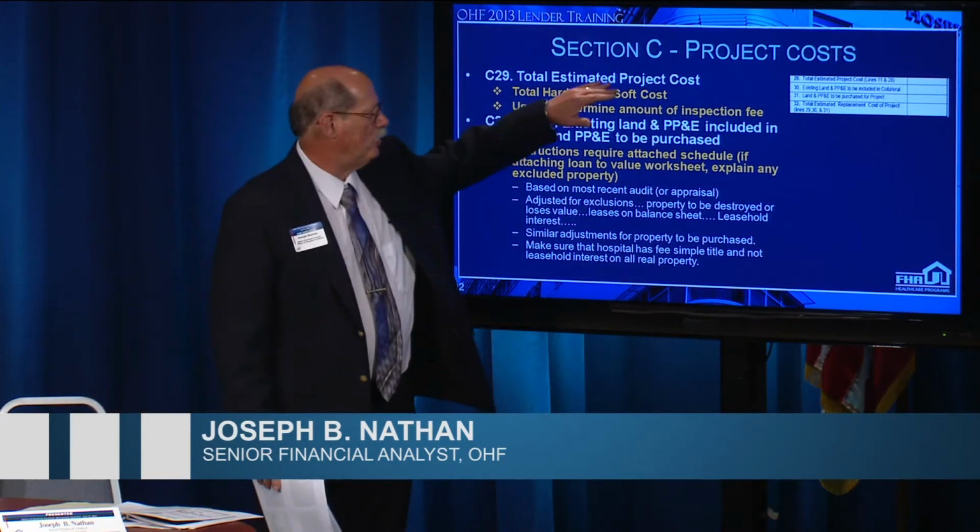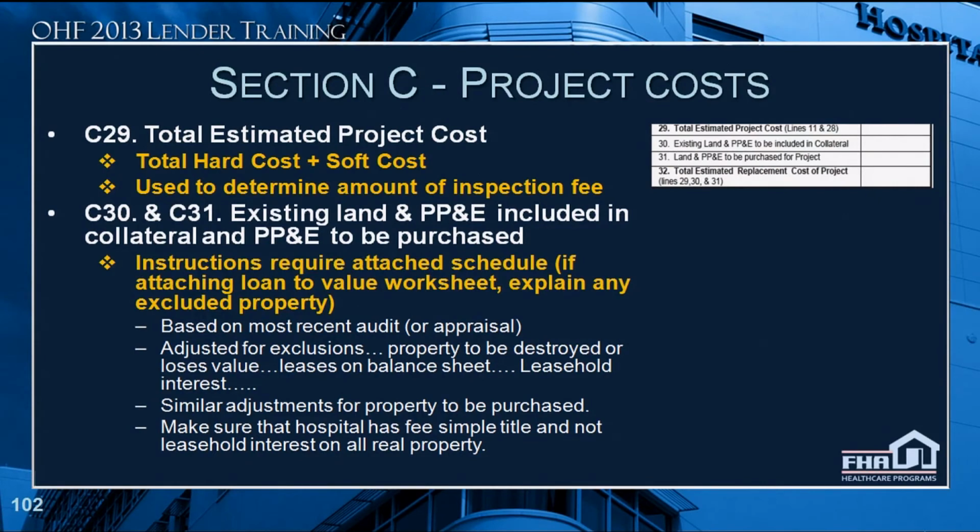So C29 got renamed to total estimated project cost. That's basically your total hard cost plus your total soft cost in here. So that's the cost of the project, and it's used to determine the amount of the inspection fee. So that inspection fee, that's the line that we go by.